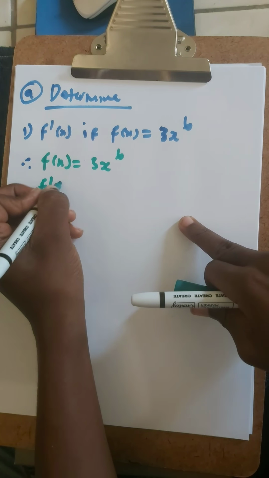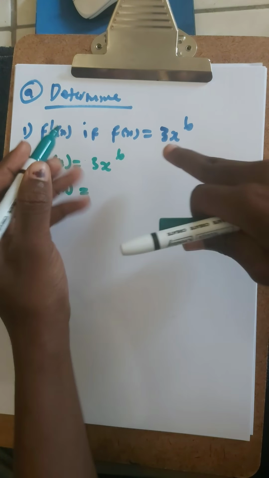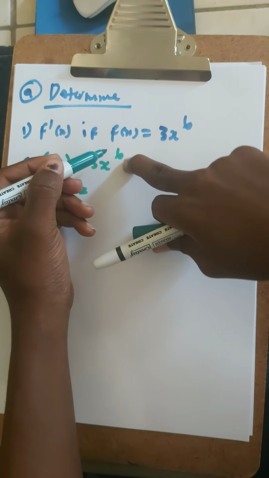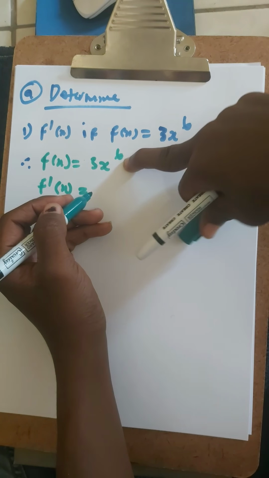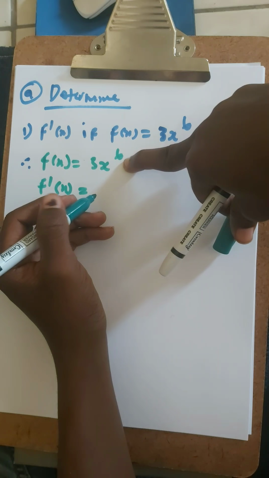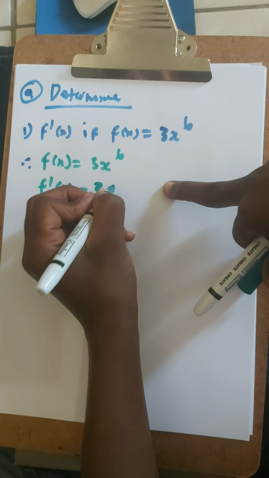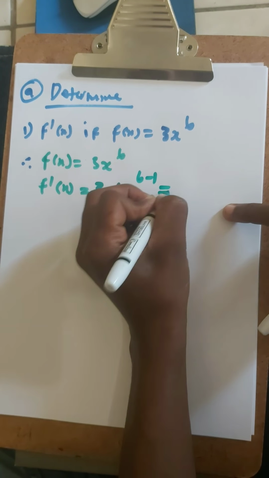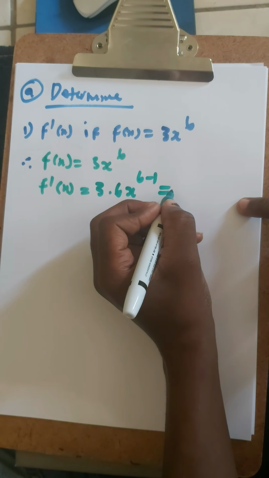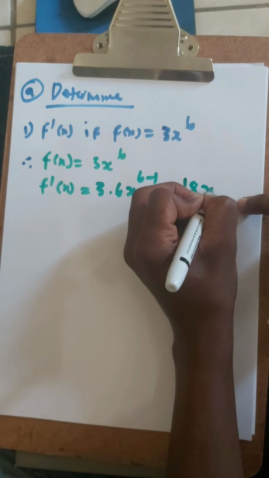Then f prime of x is going to be the differentiation: 6 multiplied by 3, so 3 multiplied by 6, then x to the 6 minus 1. It gives me 18x to the 5.